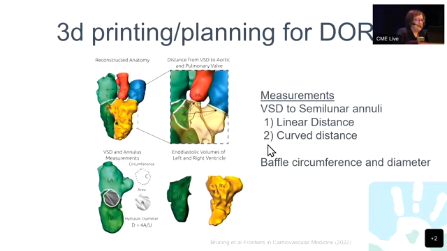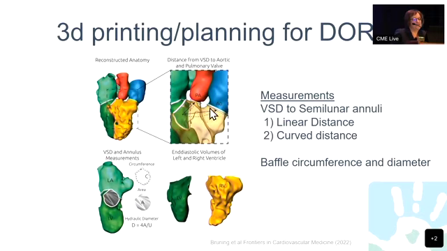This is a case of how we use 3D printing for planning for double outlet right ventricle repair. In this panel right here, two different measurements are made of the LV to aorta pathway.